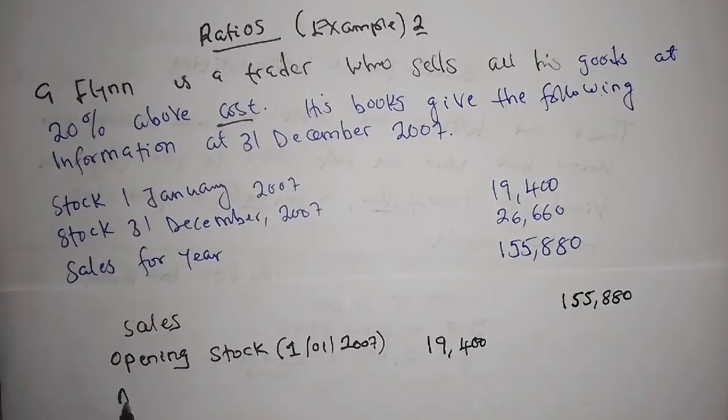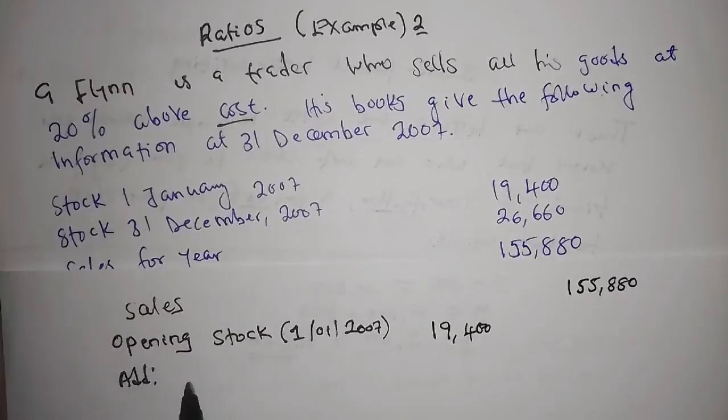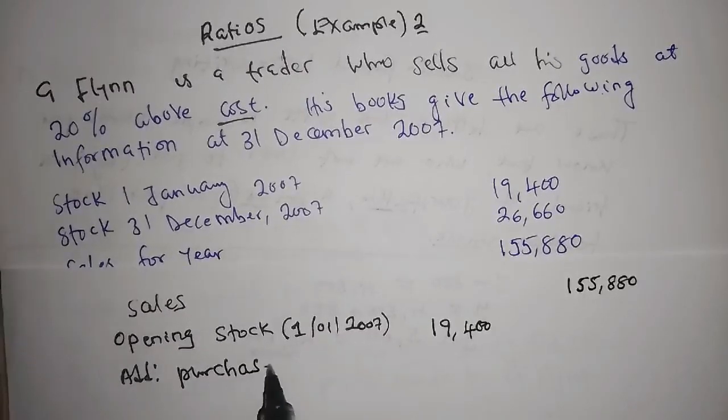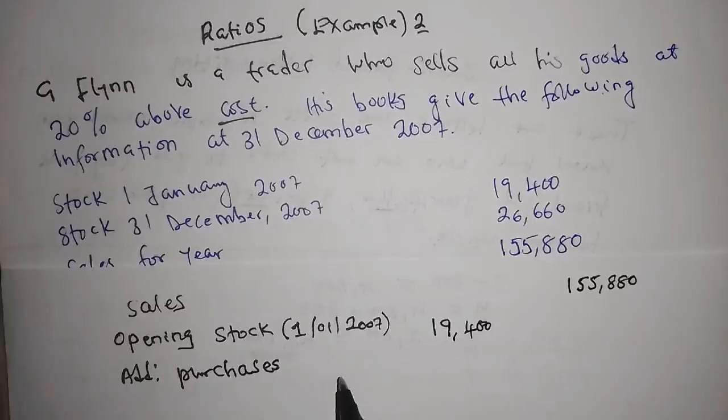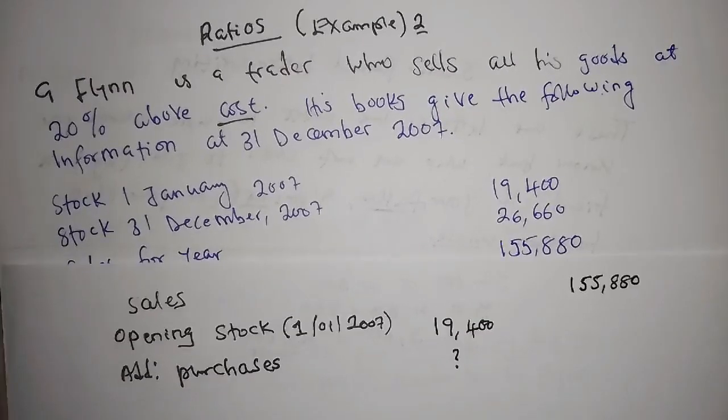And then you add the purchases. We don't know the value of the purchases, so we put a question mark there.